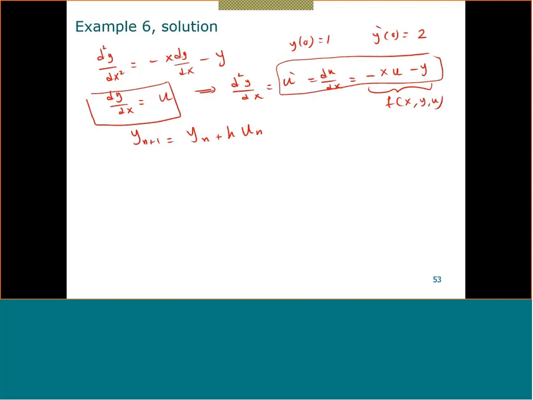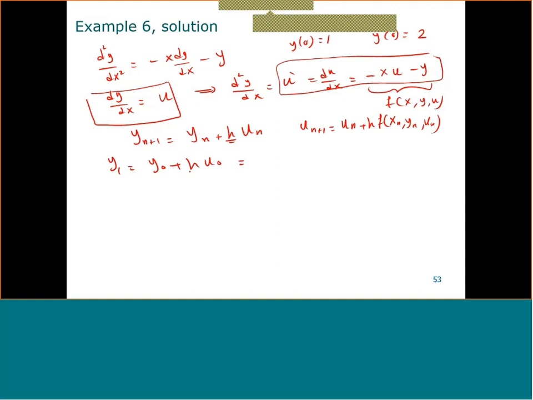And the solution to this, u(n+1) is equal to u(n) plus h times a function of x(n), y(n), and u(n). So we'll solve these two equations together. So we'll start with y1 is equal to what? Equal to y0 plus h u(0). Okay. So what is y0?